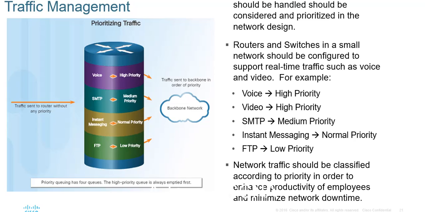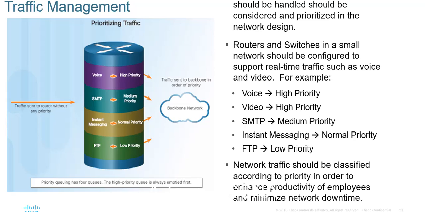This is because voice is time sensitive. It uses UDP. It does not wait. It cannot wait for long, and video also is time sensitive. Emails are not that time sensitive, but they matter in terms of genuineness. And instant messaging is also used in companies. If all of these happen to be on the same network, they have to give each other time.